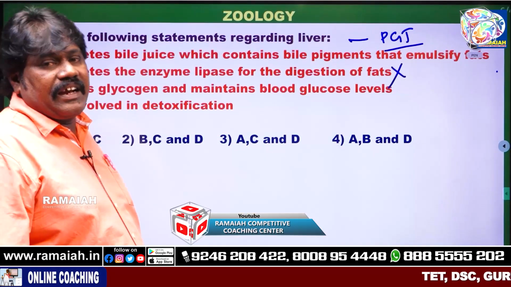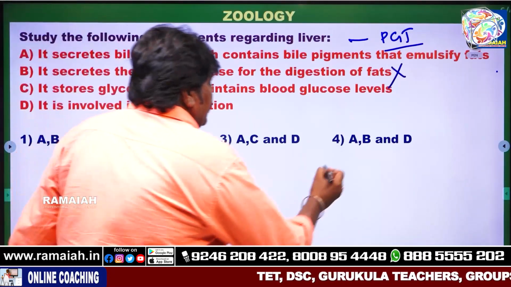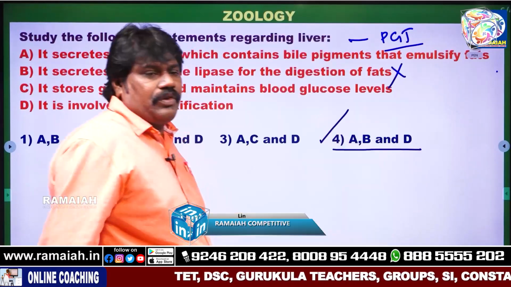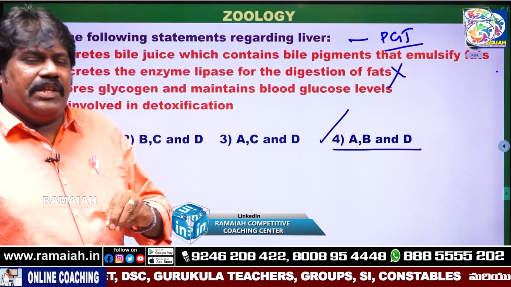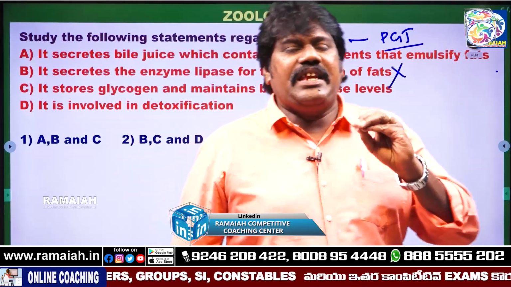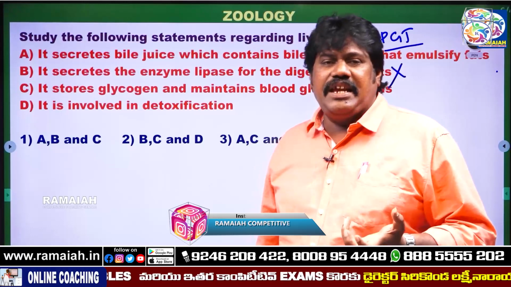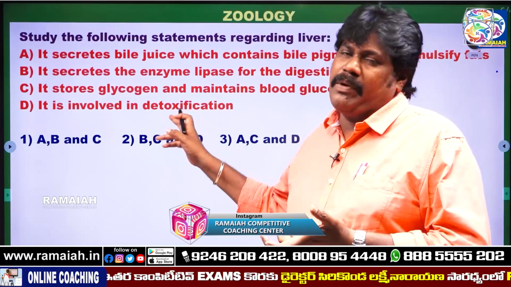All others are right statements. That's why the right answer is A, B and D. When we know the concept of any organism, we can easily identify the right statement. Otherwise, we easily get confused in this type of questions.